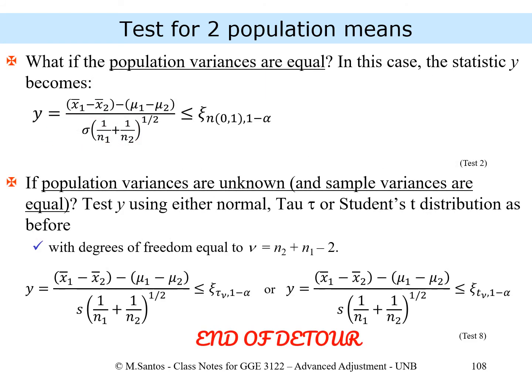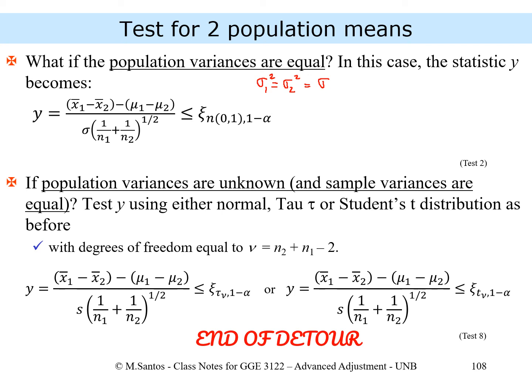Also other variations. What if the population variances are equal? So the variances for the two quantities are the same. So we're just going to call them sigma.